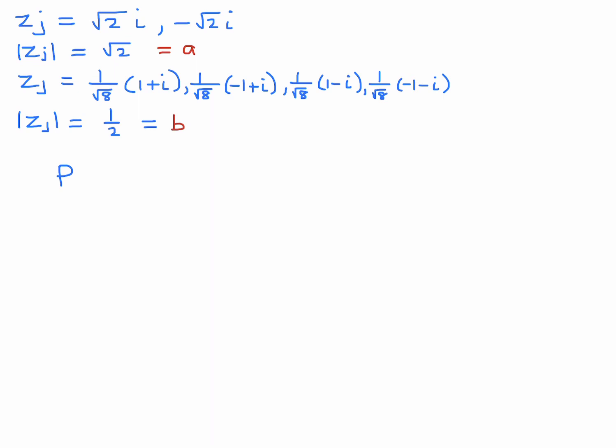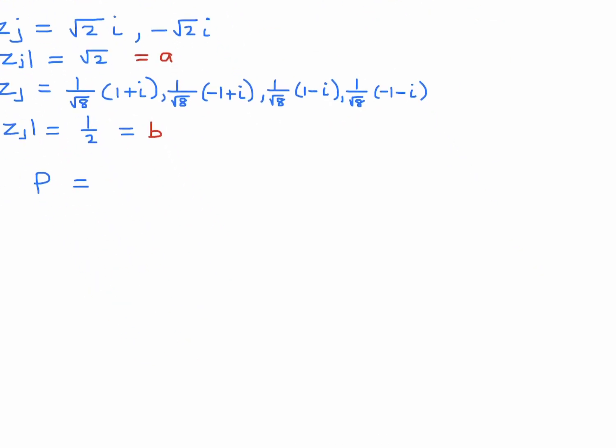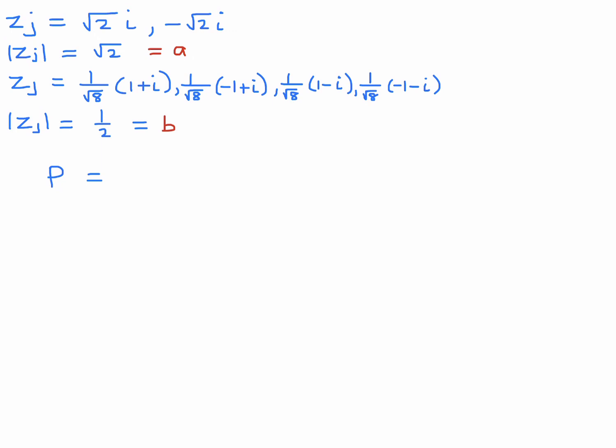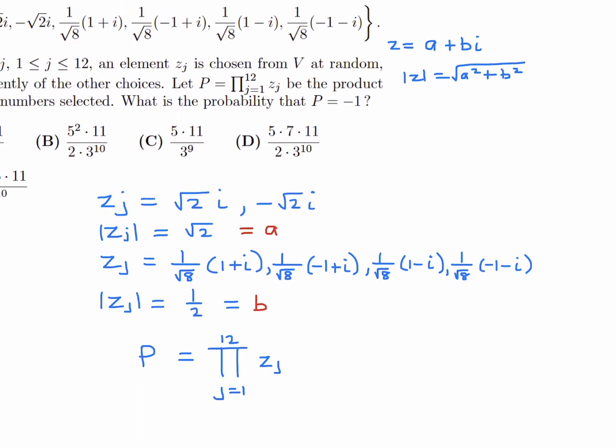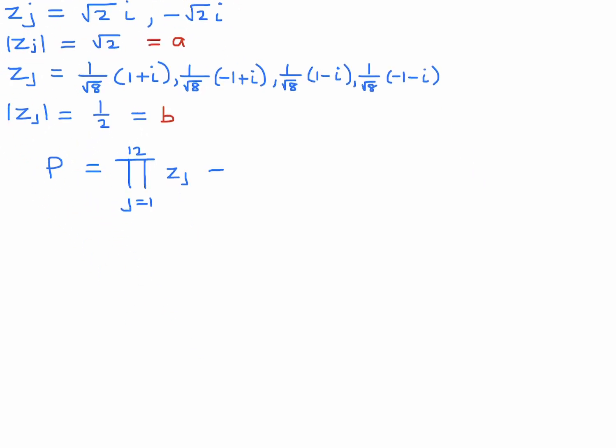Now my product, they're calling it product, not probability. My product is basically this product here of zj from j equals 1 to 12. And they want it to be equal to -1. All right, fine.